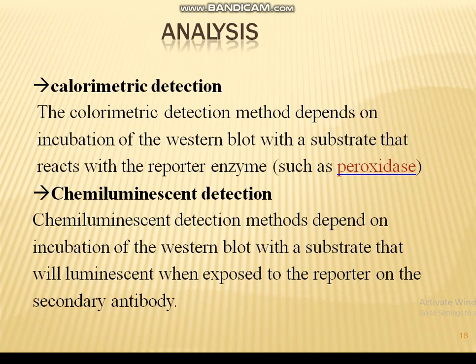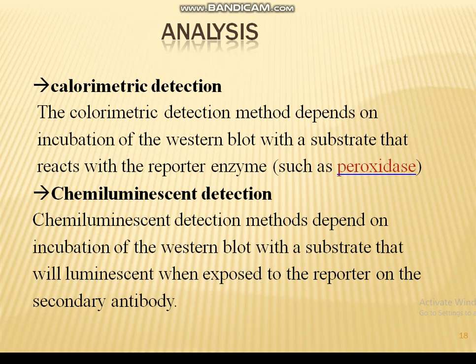Now how can we perform the analysis? Different techniques are used. Colorimetric detection: this method depends on incubation of the Western blot with a substrate that reacts with a reporter enzyme such as peroxidase. Another technique is the chemiluminescent technique.